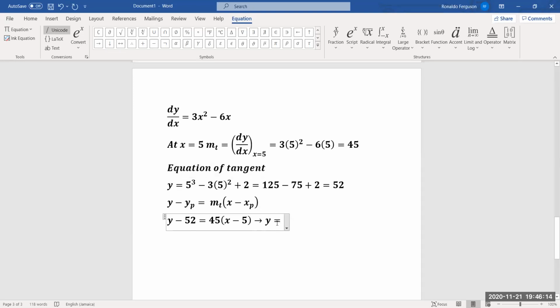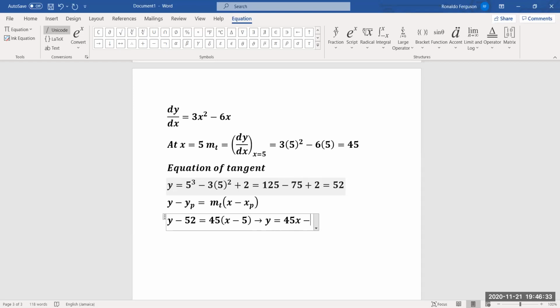bring over the minus 52 to get 45x minus 5 times 45, which is, let's see, 5 times 45, what's 5 times 45? 225.